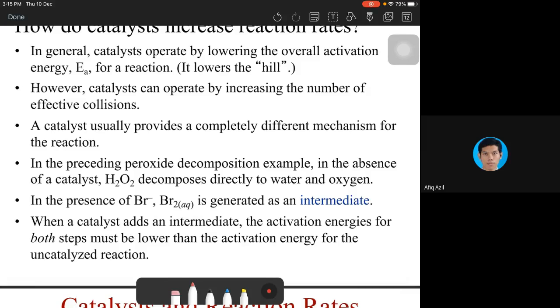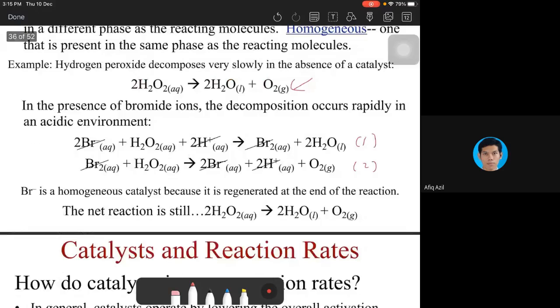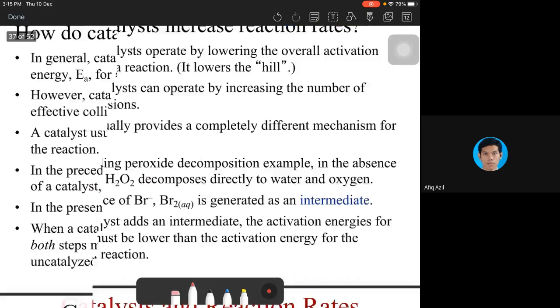It's straight away to the products. But when you add this bromide ion, Br2 will be generated, and this is called the intermediate, which is this one. But the intermediate also is converted back to bromide ion at the end of the reaction.